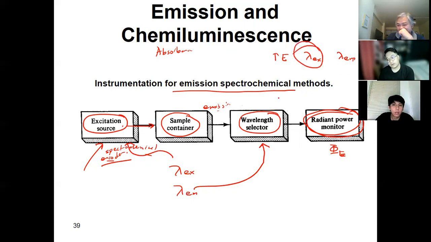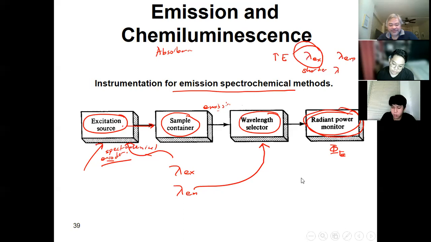Okay. And this is usually in the shorter wavelength, because this is more powerful. Doon sa emission wavelength, tinitingnan mo lang kung ano yung na-emit. And for it to be emitted, you need to have a high energy to excite.